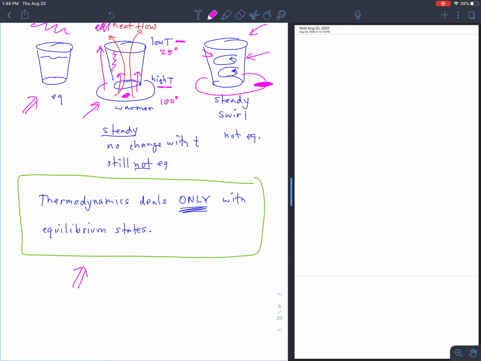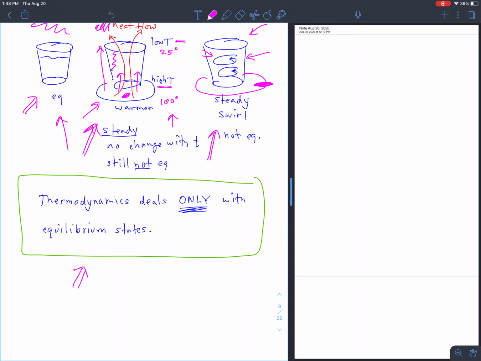All right, the important thing about equilibrium states for our purposes, for the first whole part of this class, is that thermodynamics deals only with equilibrium states. It doesn't deal with steady states of any kind, doesn't deal with situations where there's a heat flow, doesn't deal with situations where there's a matter flow, a fluid flow of some kind, doesn't deal with any kind of flow.